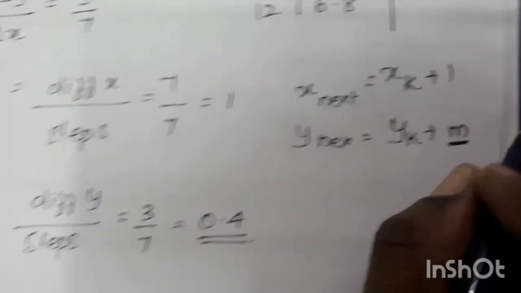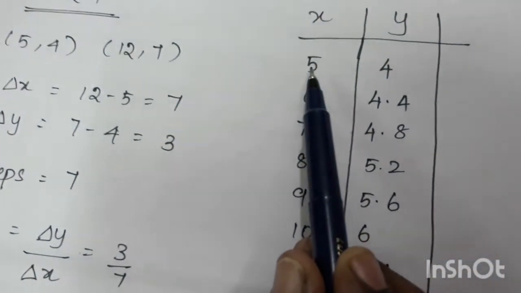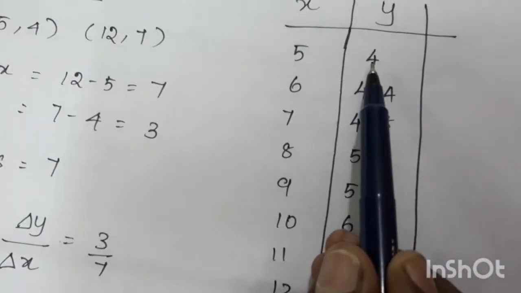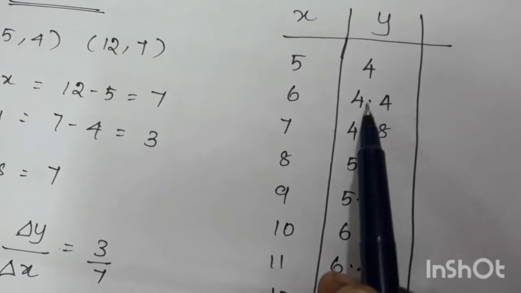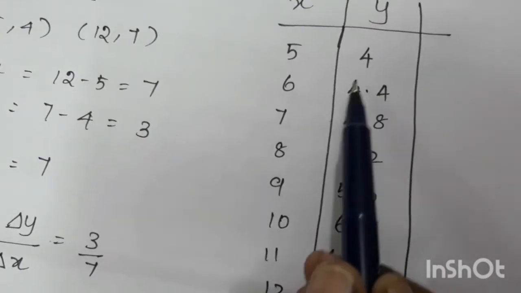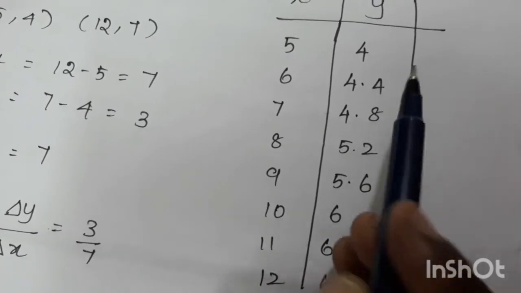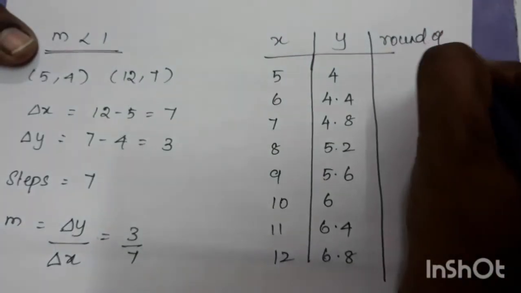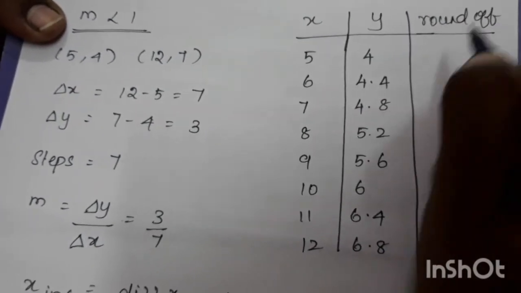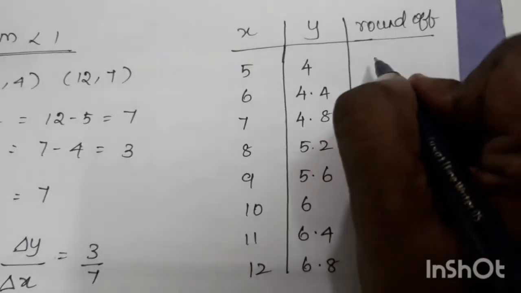If you see here, x is incremented by 1 and y is incremented by 0.4, which means we cannot plot 4.4. So what we have to do is round off the values, then only we are able to plot the graph.